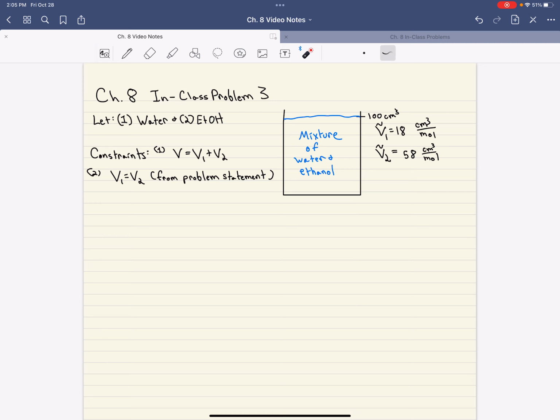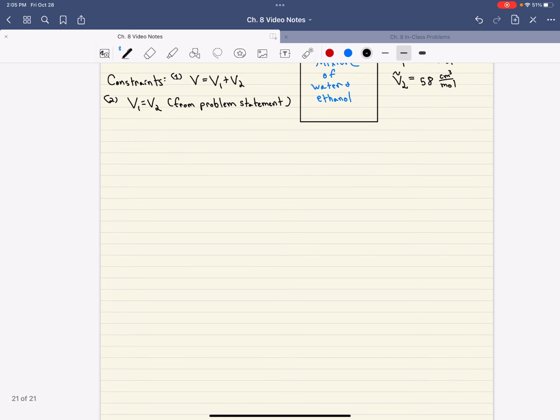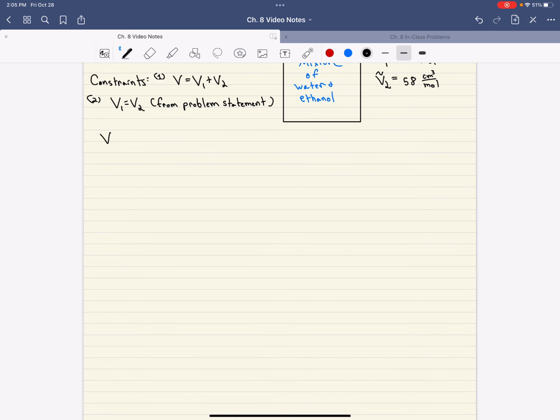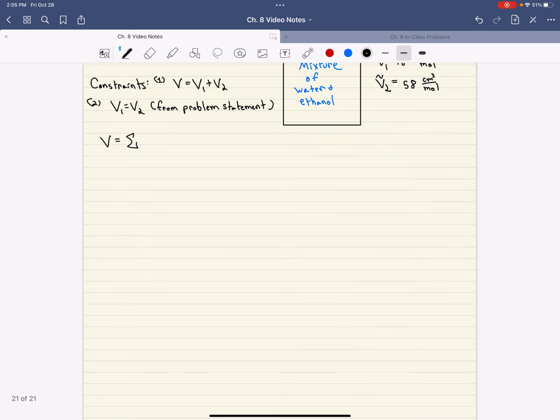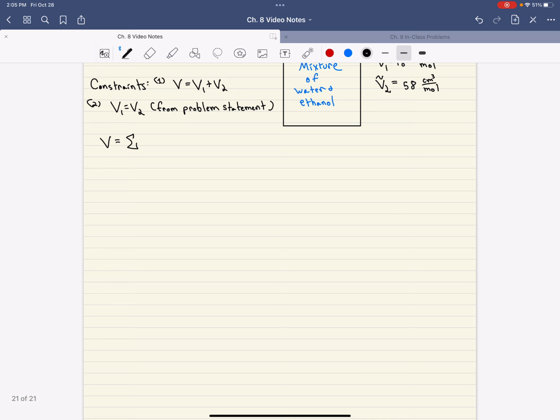All right, and so based on these constraints, what we want to do for part A is develop an equation that describes the total volume in our system as a function of the volume of water and ethanol. All right, and so we know that in general, the volume of our system, of our mixture, is going to be equal to the summation of the partial molar volumes multiplied by the molar amounts of each of the different species.